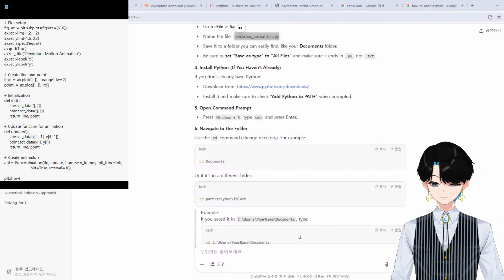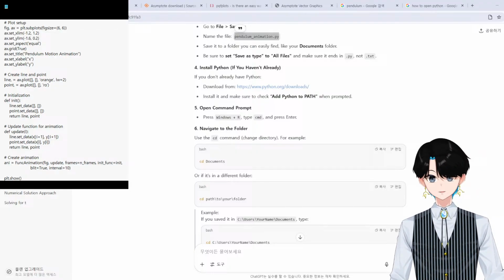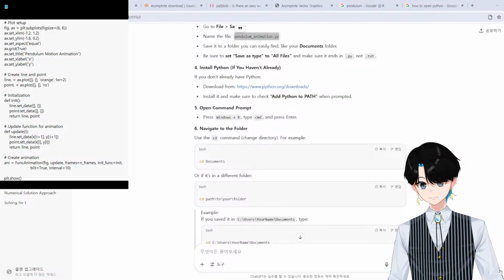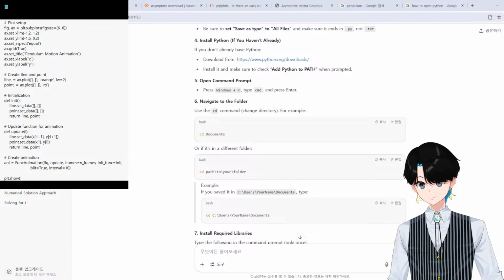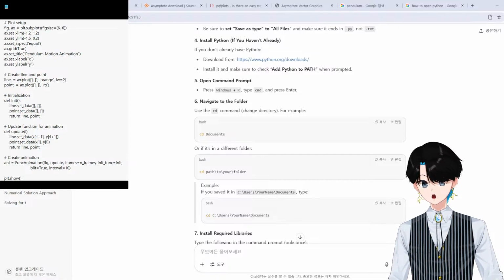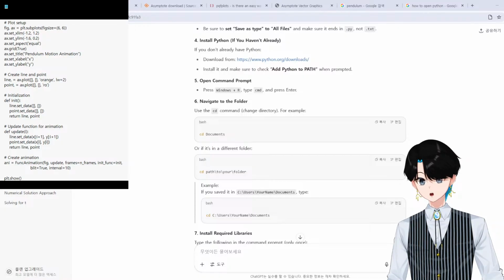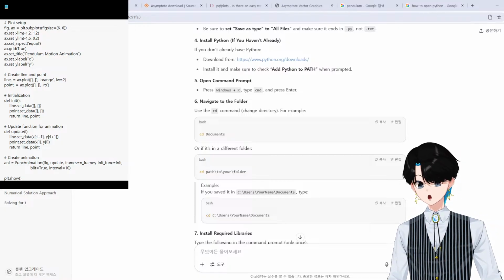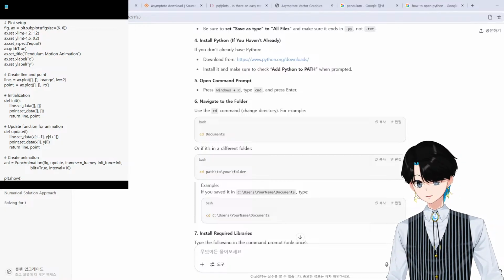Install Python if you haven't already. If you don't already have Python, download it from python.org. Install it and make sure to check add Python to path when prompted.